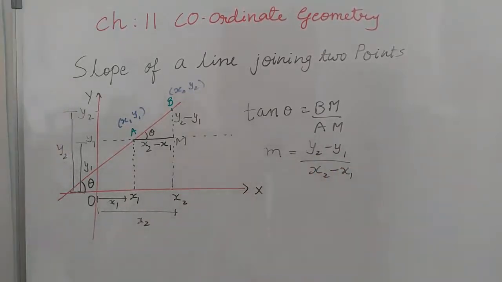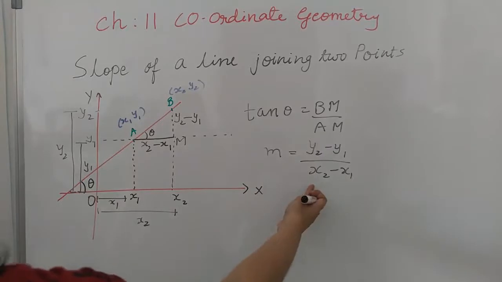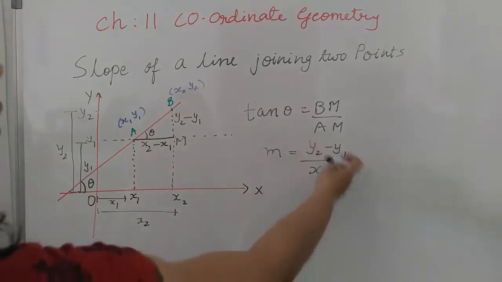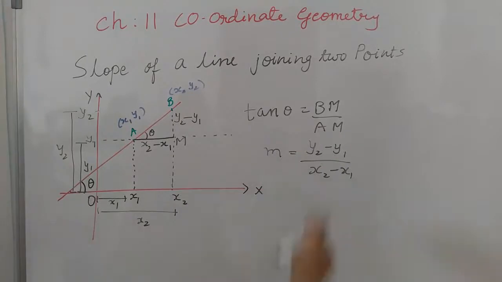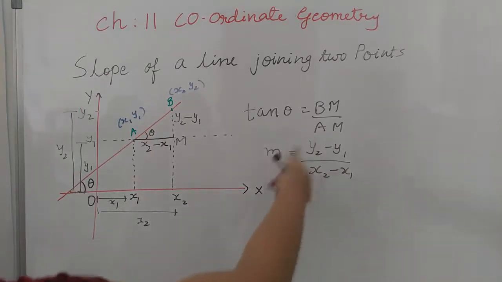This way we have derived that when 2 points are given, the slope of the line is m equals y2 minus y1 upon x2 minus x1. So students, you can find your slope using 2 points whenever they are given to you in the question.